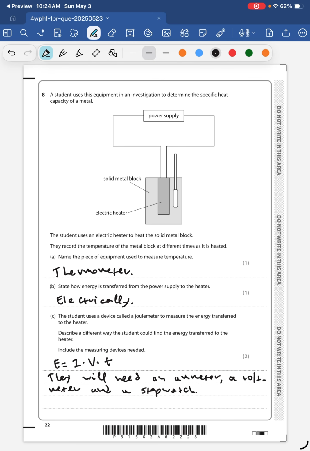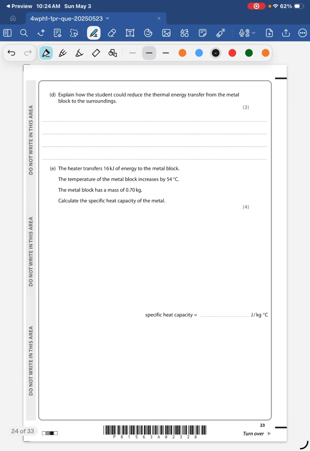Okay, and that's the answer. D. Explain how the student could reduce the thermal energy transfer from the metal block to the surroundings. So they have to wrap it in insulating material, I guess.